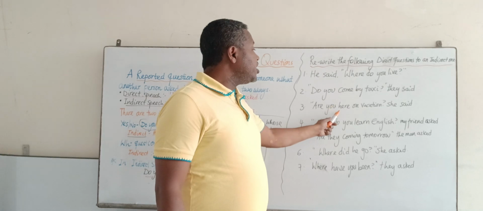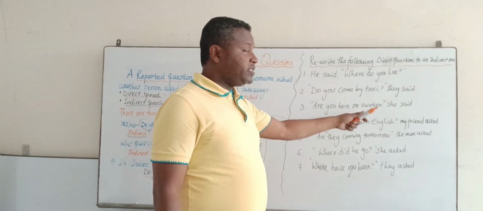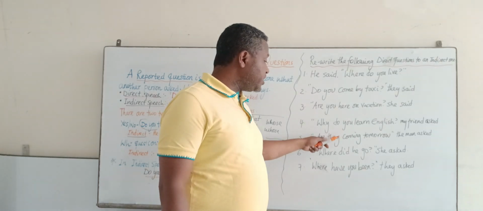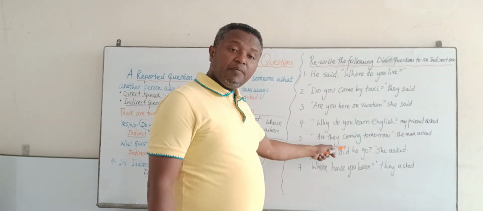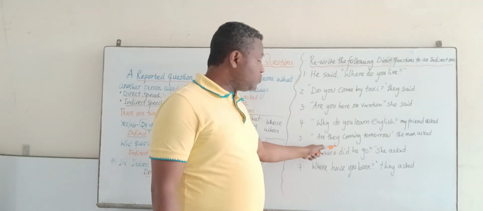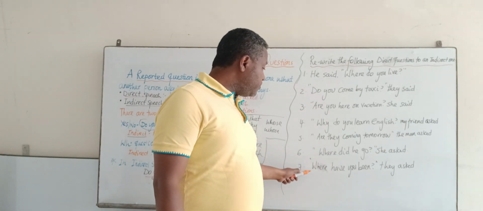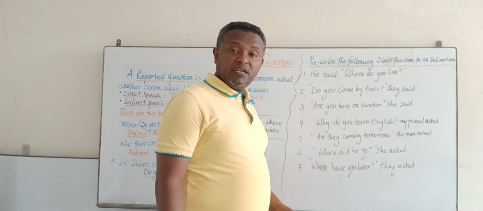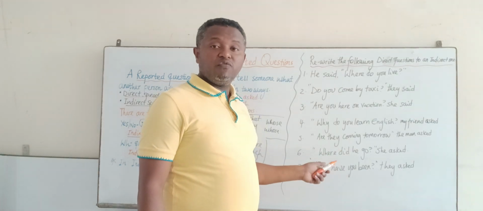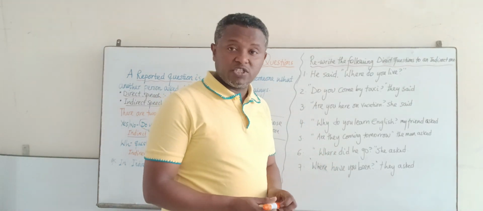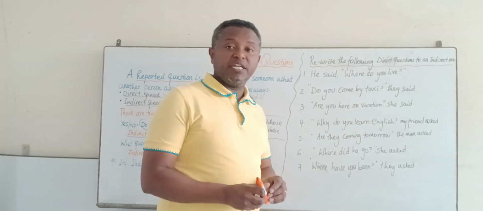Number 3, are you here on vacation? She said. Number 4, why do you learn English? Number 5, are they coming tomorrow? Number 6, where did he go? Number 7, where have you been? I want you to convert them into reported or indirect questions. Okay, I'll give you 3 minutes.